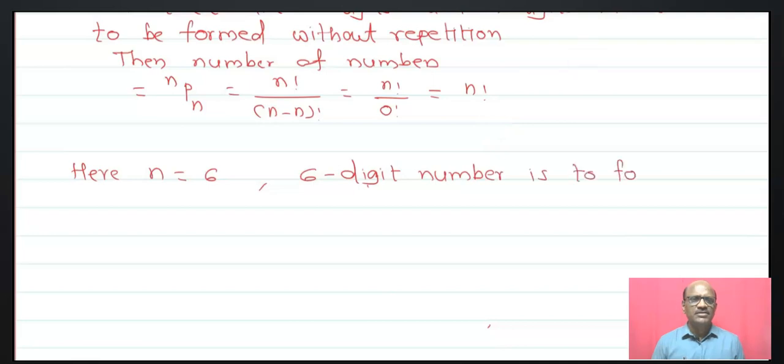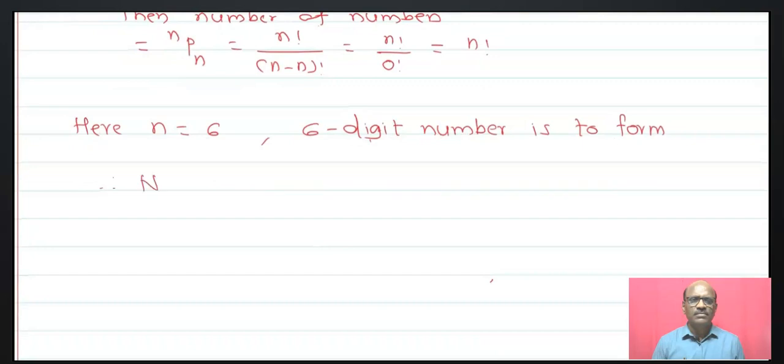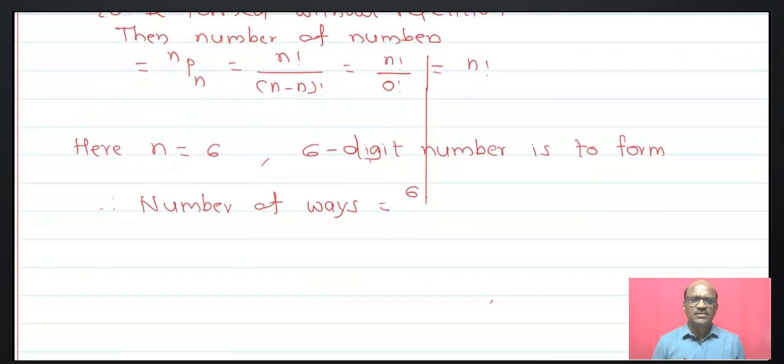A 6-digit number is to be formed. Therefore, the number of ways is 6P6.